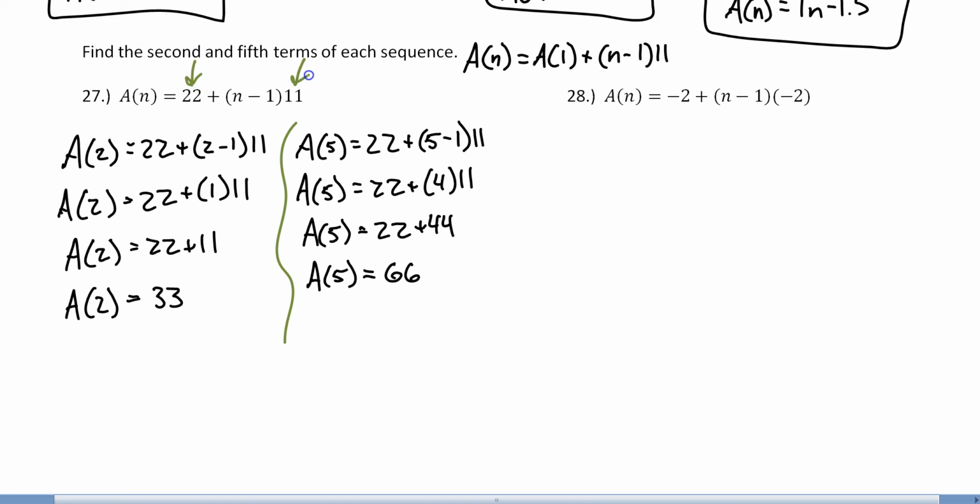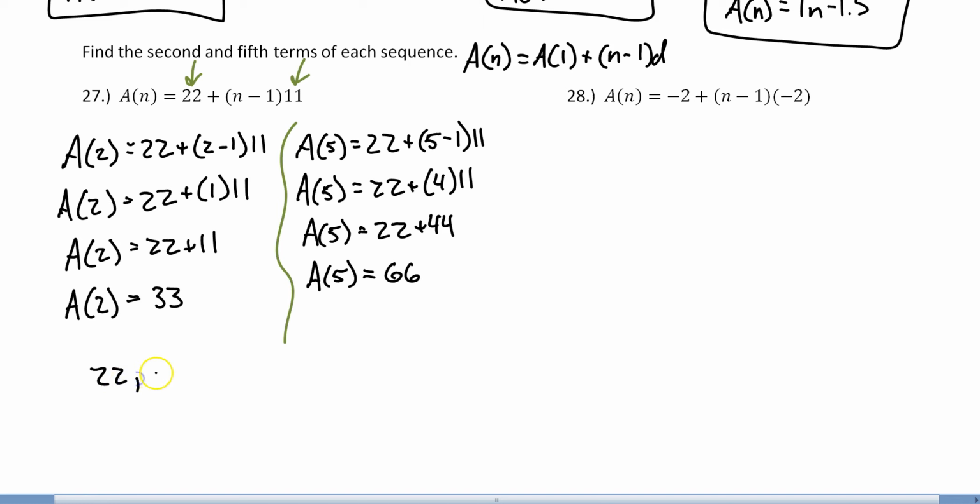And remember, d, the common difference here, sorry, I wrote an 11 here, that's going to be d. So my d value, that's the common difference. That's the thing that it's going up by each time. So this particular one starts with a 22 and then goes up by 11 each time.